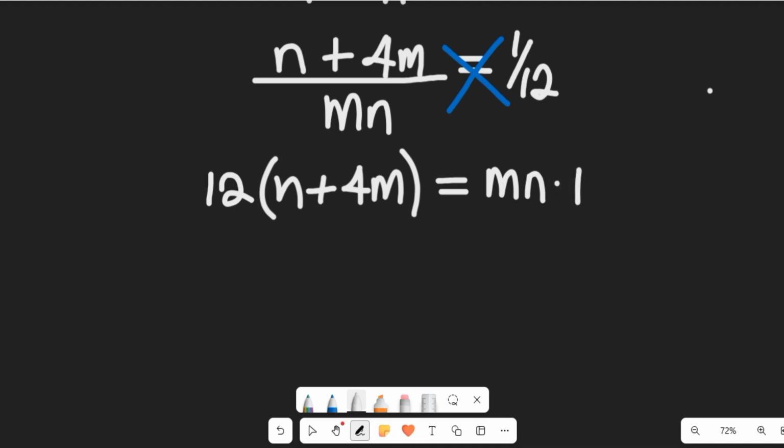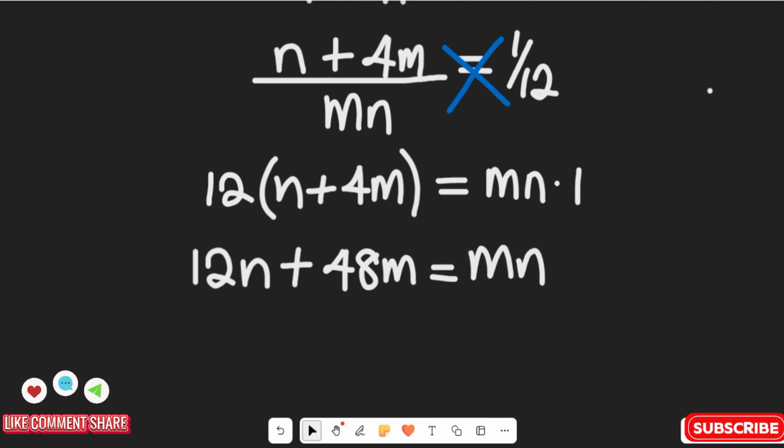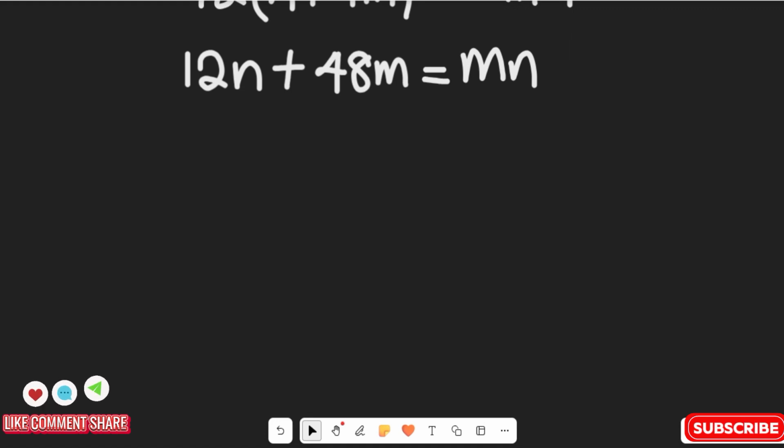If we expand it, we get 12 times n gives us 12n, plus 12 times 4m gives us 48m, and this is equal to mn. So what happens here is to simplify.